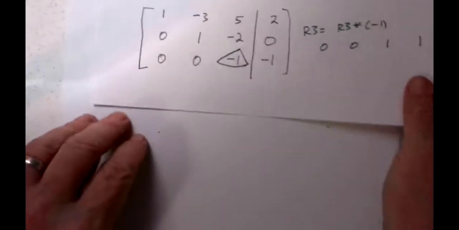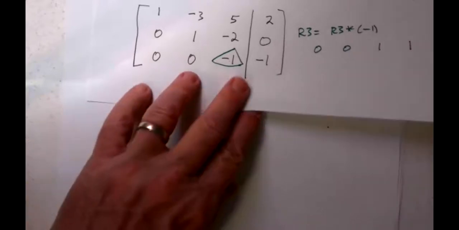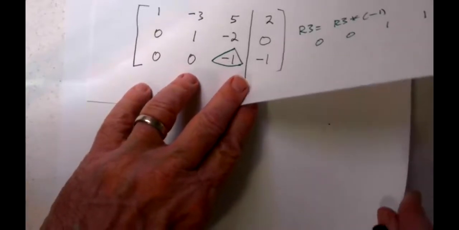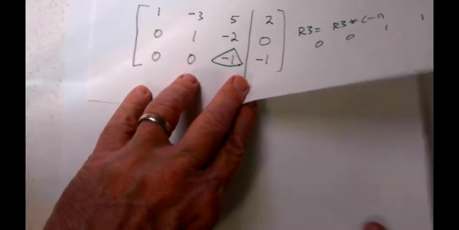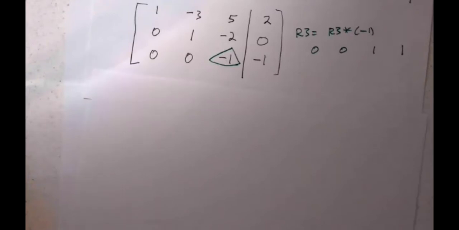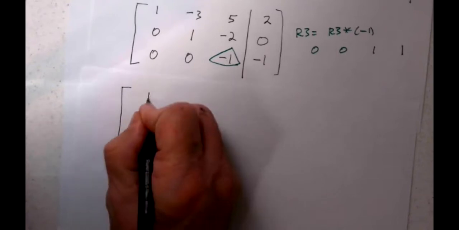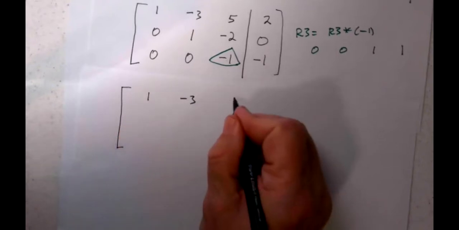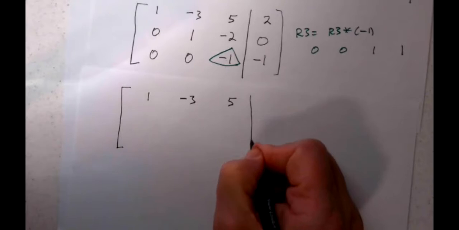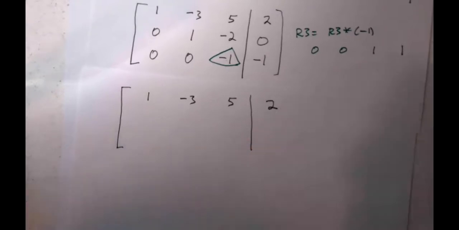So let's see where we are. First row is 1, negative 3, 5, 2.